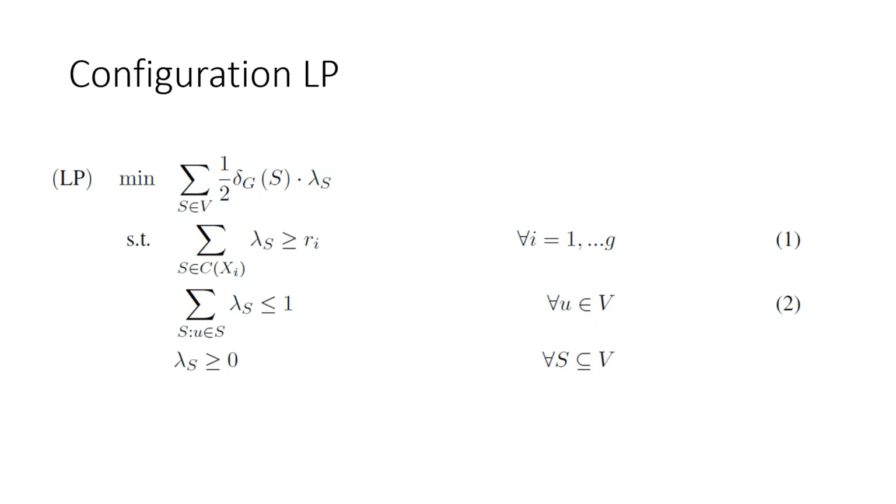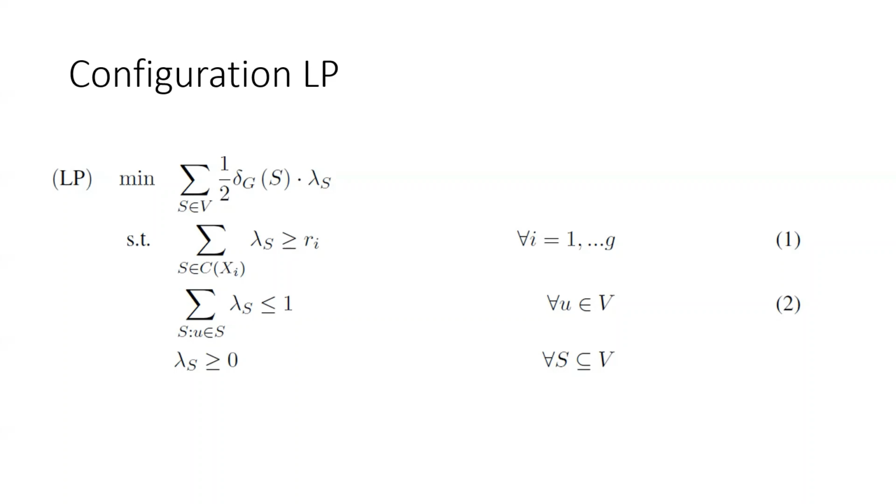If we look here at the LP, what we try to do is minimize the sum of delta times lambda over the cuts, where delta is the weight of all the edges crossing the cut, and lambda is a variable indicating the probability a certain cut will be picked. And then we have constraints that are mainly on the sum of the lambdas of the cuts.